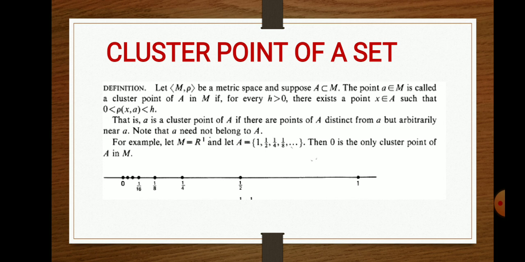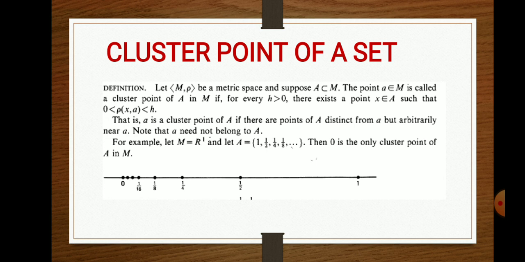So for any positive real number h, we can find a point x in A such that the distance between x and a is always less than h. So for any h you can find a point x in A other than a.